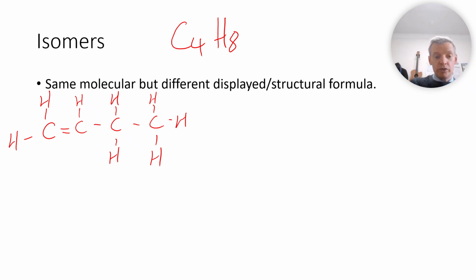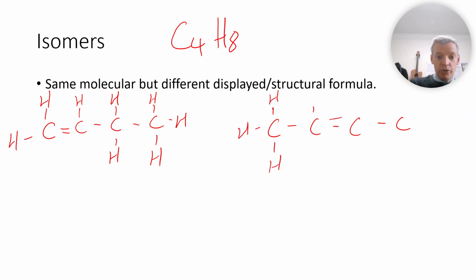So I'm going to move along, show you another one. 1, 2, 3, 4. And this time, instead of doing the double bond on the far left, I'm going to do it in the middle. And that changes our structure. So if we go along and add the hydrogens, got 1, 2, 3 here.